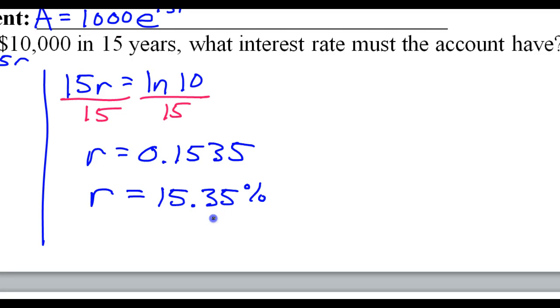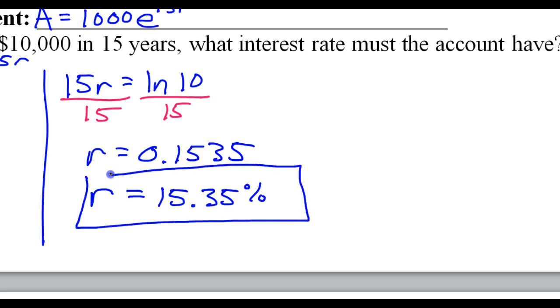Now I only have 2 decimal places, so make sure you keep all 4 decimal places until you get to this step. So this is the rate that we would need, 15.35%, in order to have $10,000 after 15 years. That would be quite a nice interest rate to have, by the way.